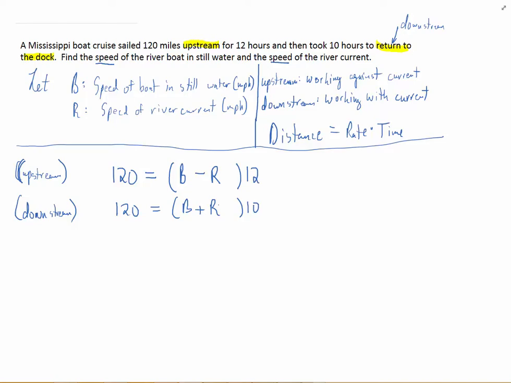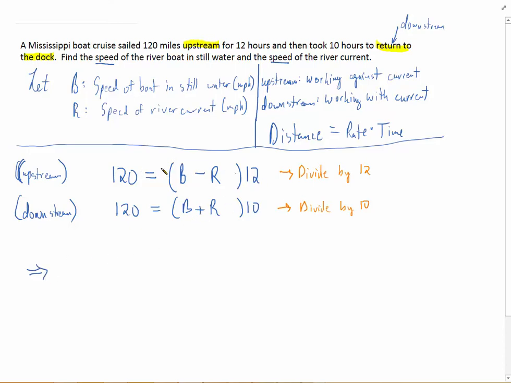Now we could apply the distributive property on the right-hand sides of these equations and go from there. But what I would do at this point is take this first equation and divide both sides by 12. And similarly for the second equation, I would divide both sides by 10. And this yields two equations, and I'll switch the sides.